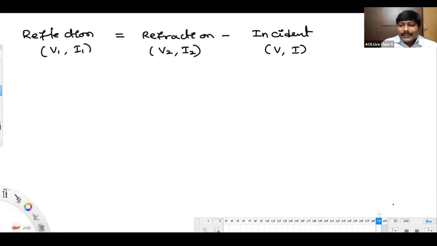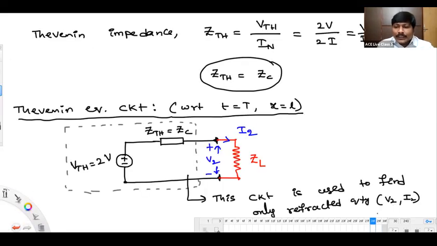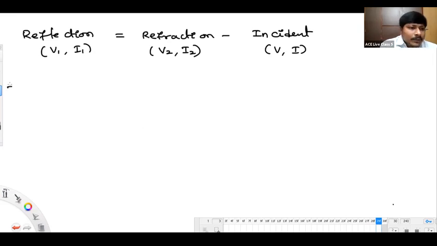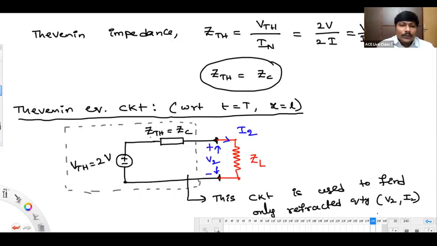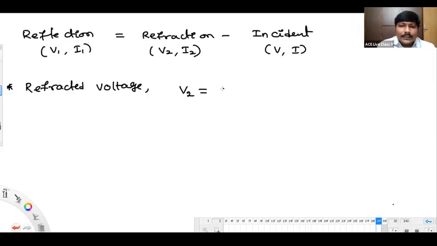Next thing. Let's take up the calculations of refracted quantities quickly. First, I am taking up refracted voltage. I can say it is V2. The formula for that V2 is 2V into ZL by ZL plus ZC.